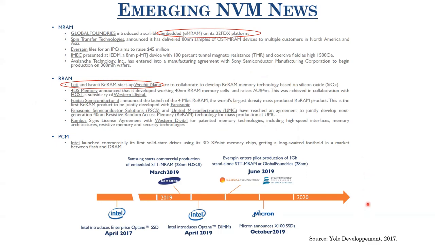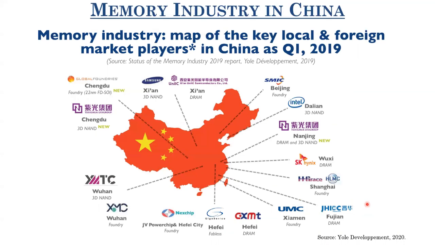Now let us also look at the interesting case of China. Five years ago, there was no memory company in China. I'm not only talking about indigenous memory companies, but none of the major IDMs had their office or branch in China. The Chinese government realized that almost 40% of the memory market was in China. It was the consumer of nearly 40% of all memories.